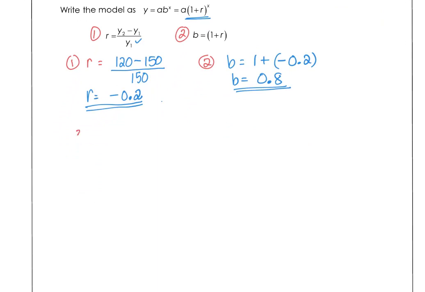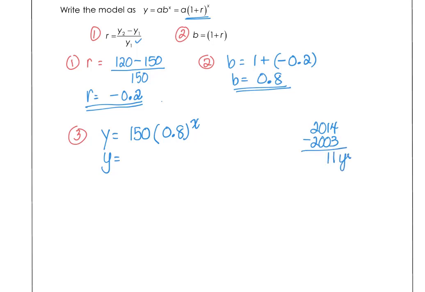So writing the equation in our model formula would be y equals 150, that's our initial amount, times 0.8 to the x power. And between 2014 and our first year, which was 2003, that would be an 11-year time period. So that is what our x value is going to be.